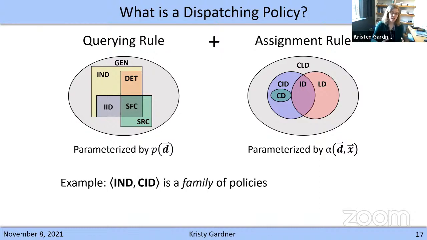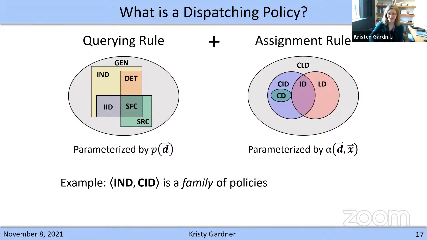So for example, what we'll write as IND CID is a family of policies parameterized by a P function that respects the rules of the IND querying rule family, and an alpha function that respects the rules of the CID assignment rule family. Within each of these possible families of dispatching policies, we are particularly interested in the best one, right?